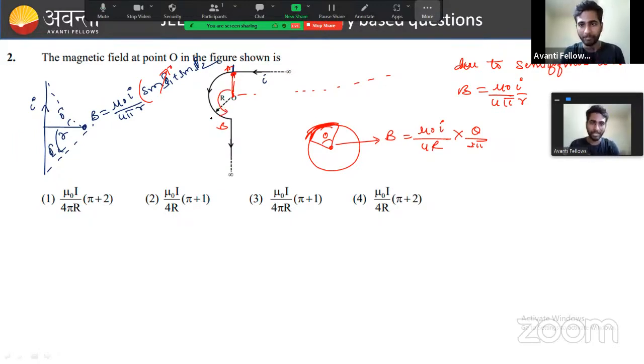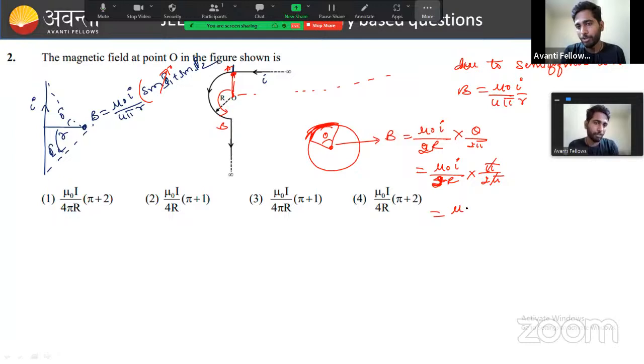Pi. Substitute that value here: mu naught I divided by 4r into pi, theta value is pi, by 2 pi. Sorry, this is 2r, my bad. Pi and pi cancel.